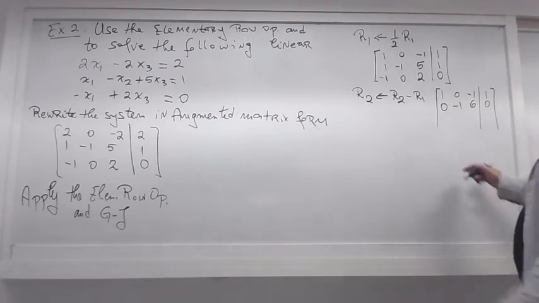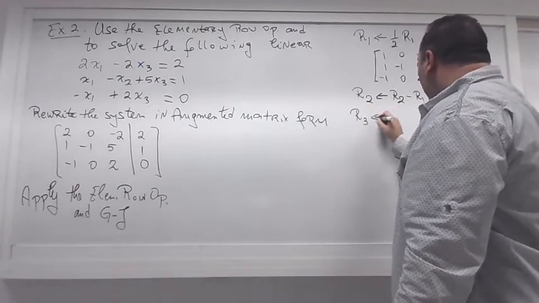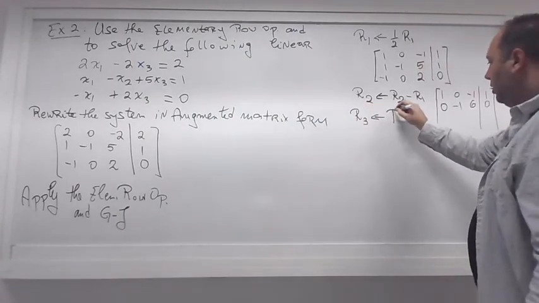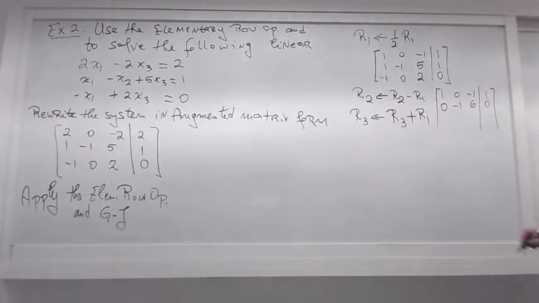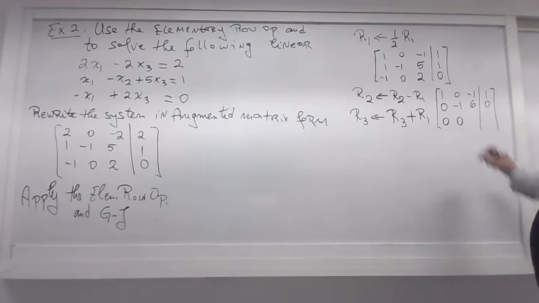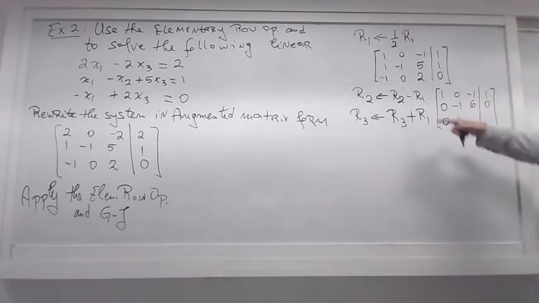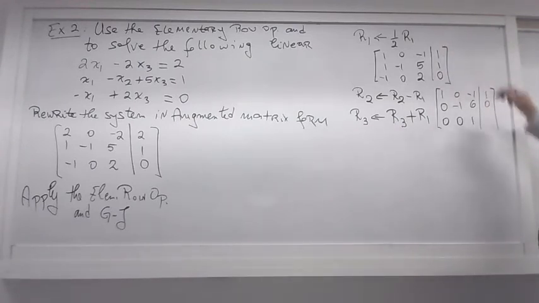Good. Now I want to introduce 0 here, so I work on row 3. Row 3 is replaced by row 3 plus row 1. That's why I like to have 1 in the corner. It's very simple to do computations. So this is 0, 0, 0, 0. 2 minus 1 is 1. And then 0 plus 1 is 1.